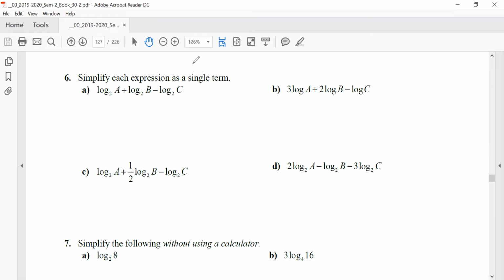So 6, simplify into a single term. Well, I'm just going to look at this as 2 parts. The first little while I'm doing this, I'm just going to do it real slowly. There's a plus sign in between, so I'm going to multiply those. Boom. Now I'm going to simplify it all together.